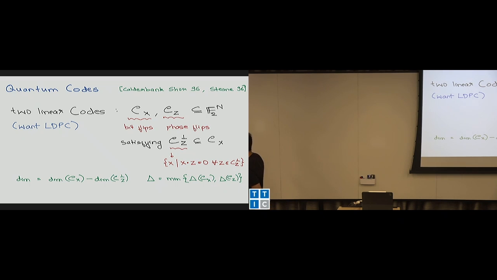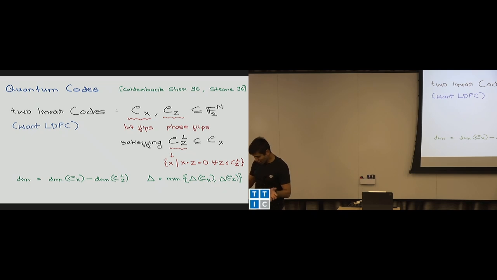This lies inside Cx. Roughly where it comes from is, as I said, after a Fourier transform, a phase flip error is essentially a bit flip error. If you calculate the Fourier transform of the uniform distribution on a subspace C, it is supported on C perp.